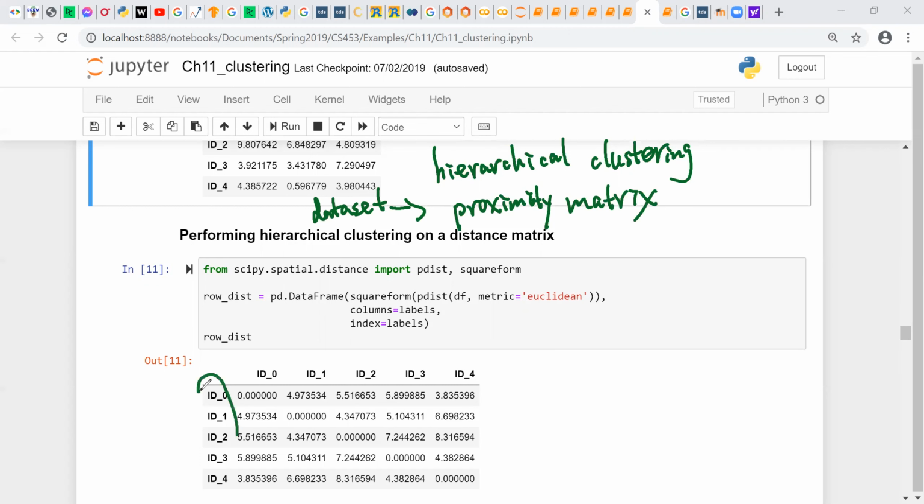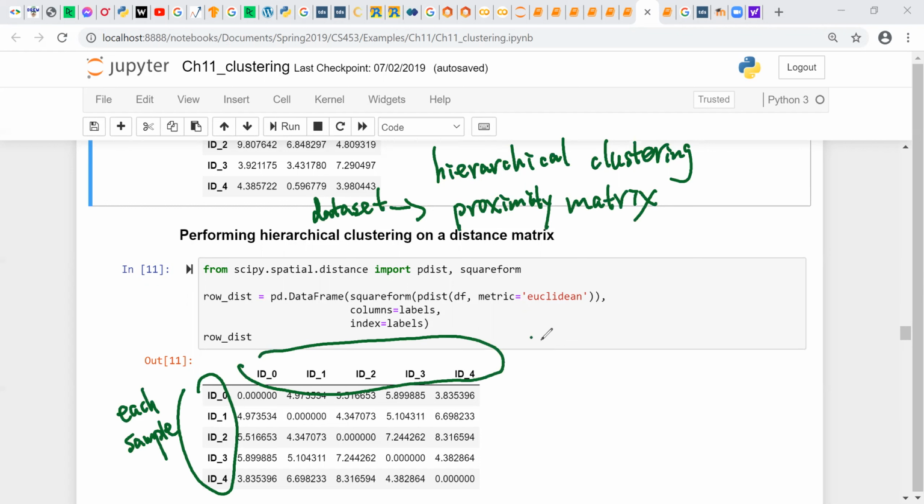The row is regarding each sample, and the column is also about the sample, and you need to find the distance. Do you remember yesterday we discussed the distance?